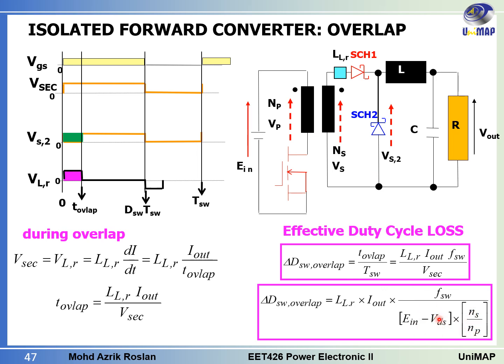In this case, we can include the VDS if we want to find the voltage drop across this switch during the on period, but usually we can ignore this. So the equation just becomes E in multiplied by NS over NP.